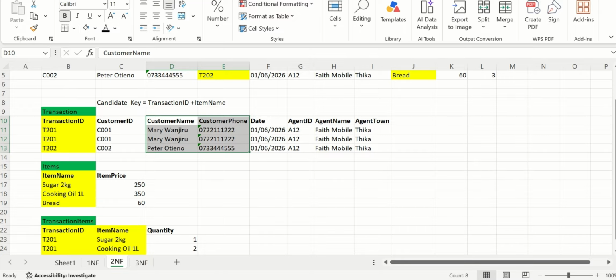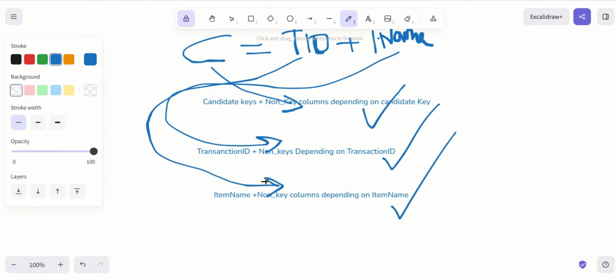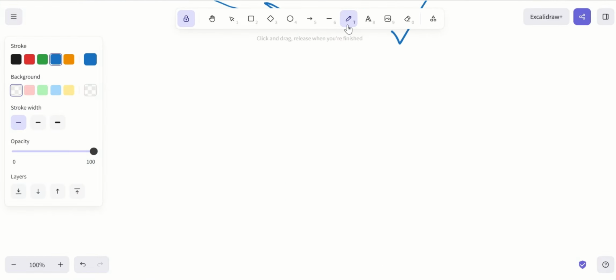So it's more of like, now we have transaction ID here, and then we have customer ID, and then we have these non-key values depending on customer ID.